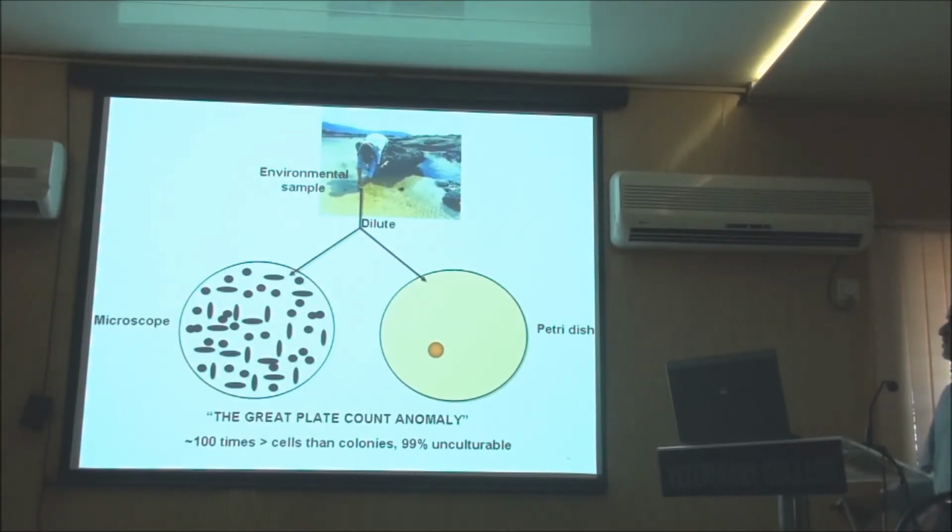Under the microscopic field you see a very large number of organisms, whereas on the plate you see only a fraction of that. That is called the plate count anomaly. There are many reasons why the majority of these microbes are unable to grow, but these are what we call microbes that cannot be cultivated in the laboratory: uncultured bacteria, uncultivable bacteria, and so on.